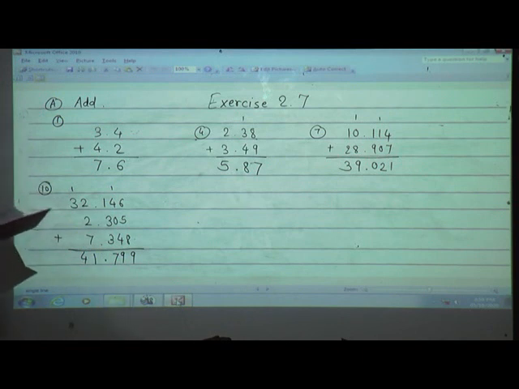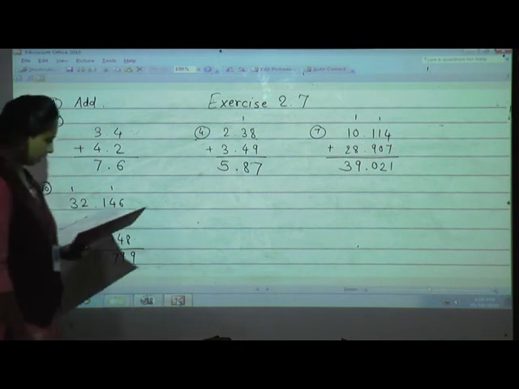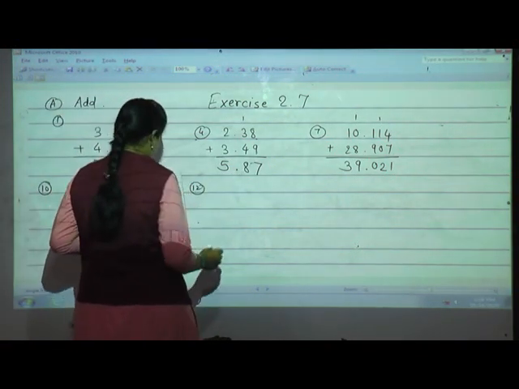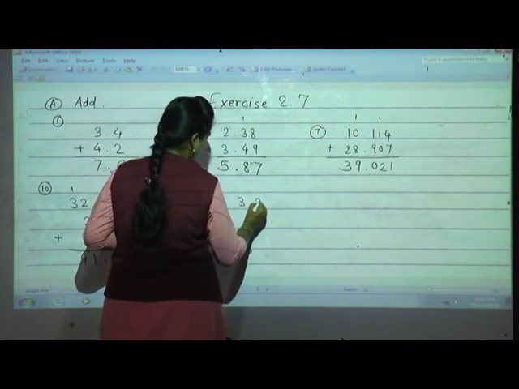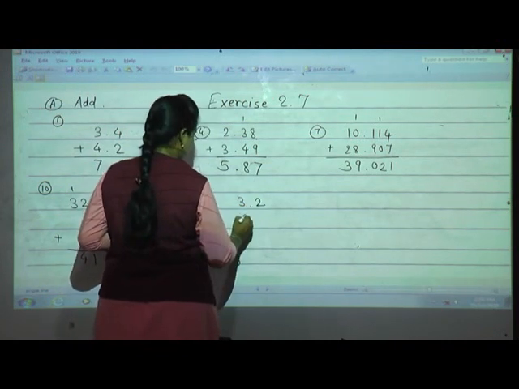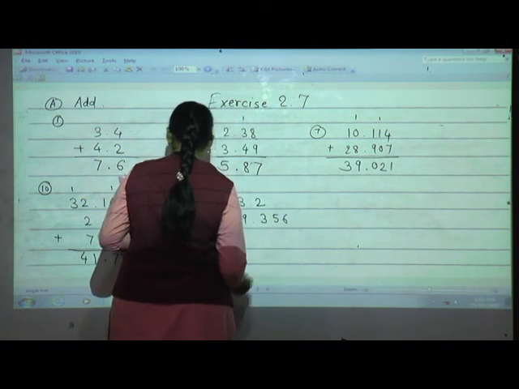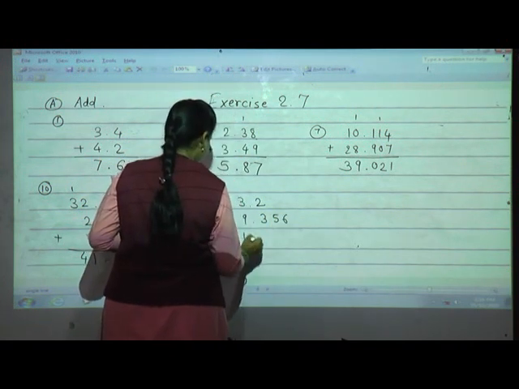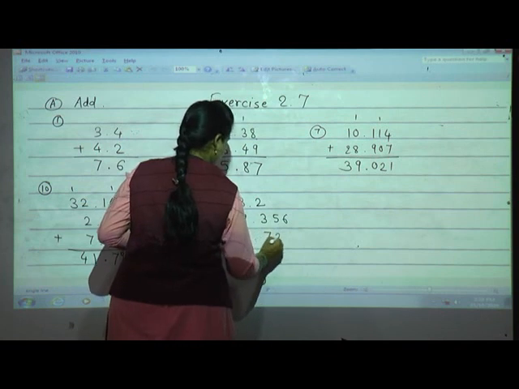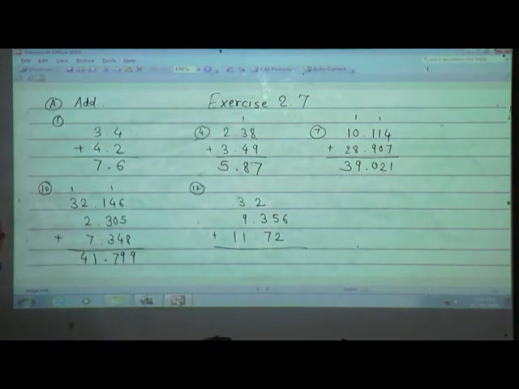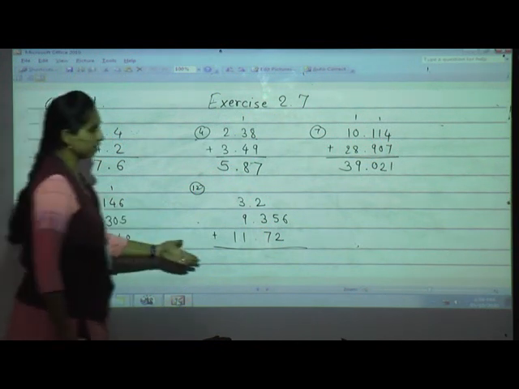Now the 11th one you solve on your own. The 12th one I will take. See the 12th one, see how they are given: 3.2, 9.356 and 11.72. See here, they are not like decimals.